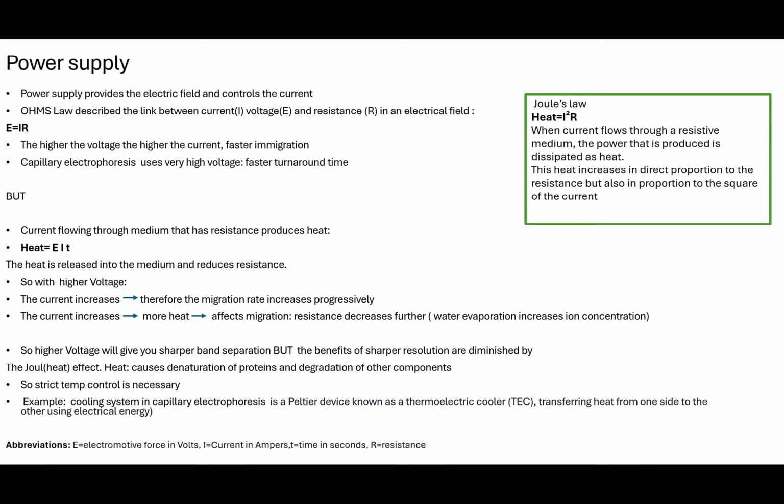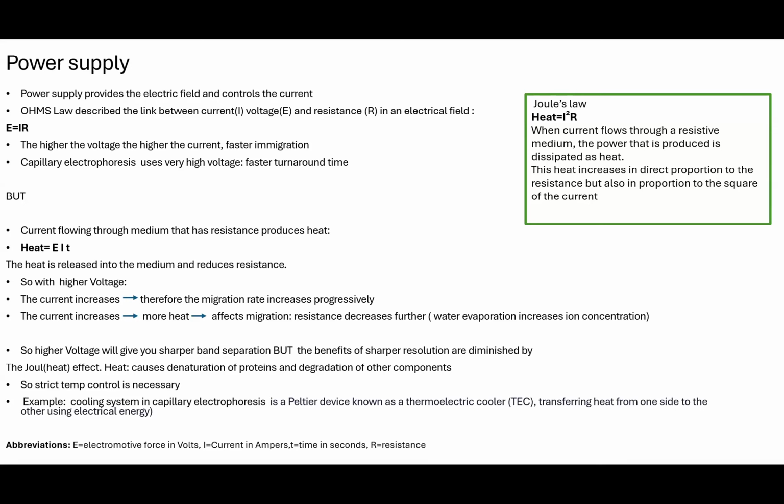One example of this is capillary electrophoresis, where the voltage used is actually very high, and that gives a very good and fast turnaround time, unlike gel electrophoresis. So using high voltage will improve the current and your turnaround time.